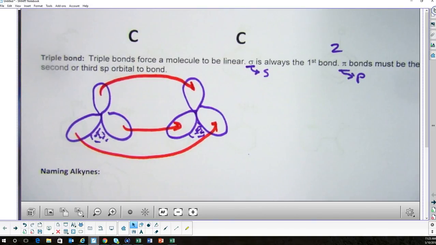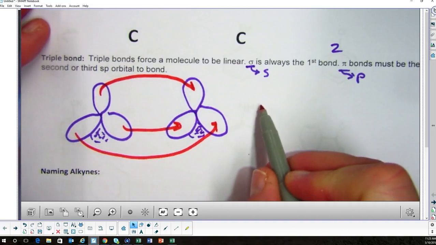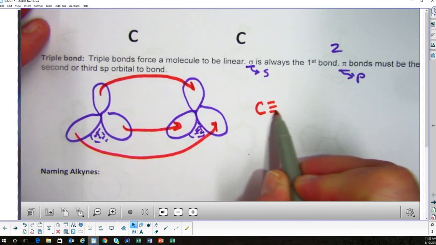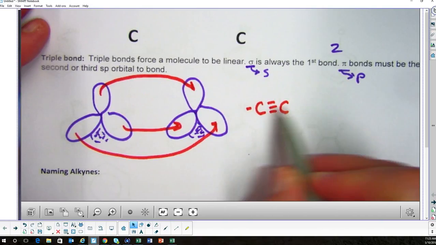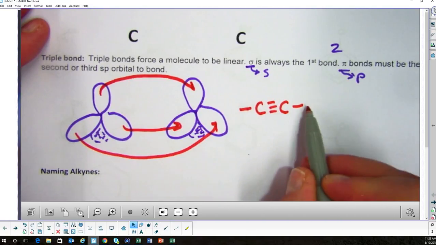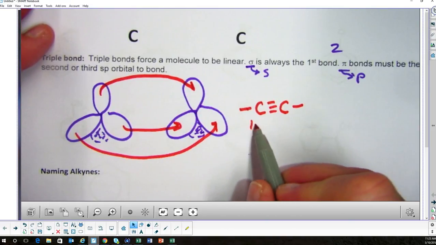That leaves one that's standing out back on its own. When we do that, it forces it, like we did up front when they had to hold their hands and put one knee to one knee, it forces them into a linear shape.